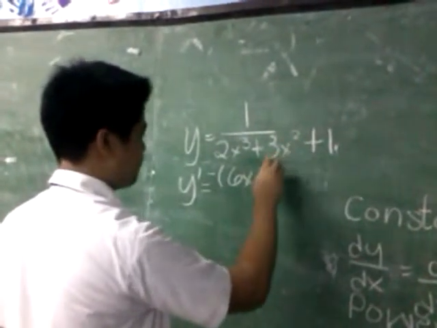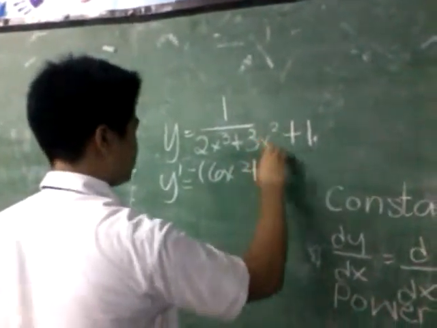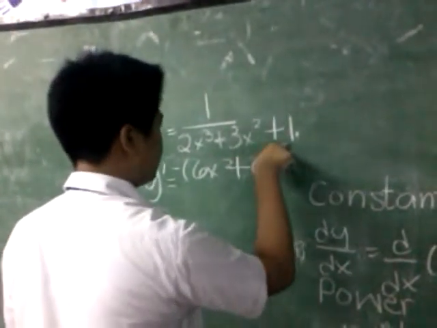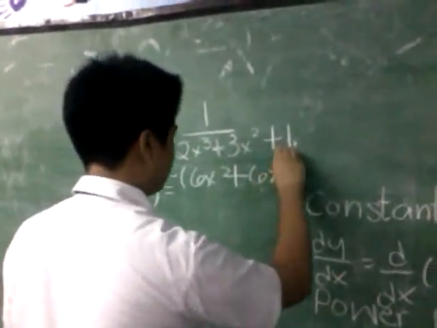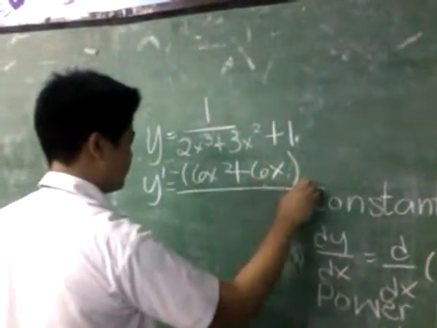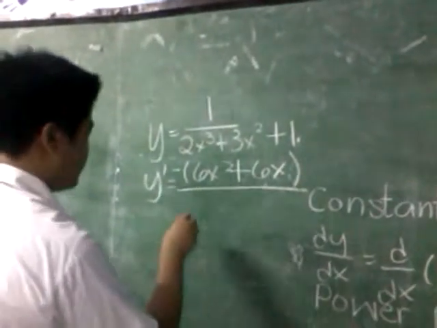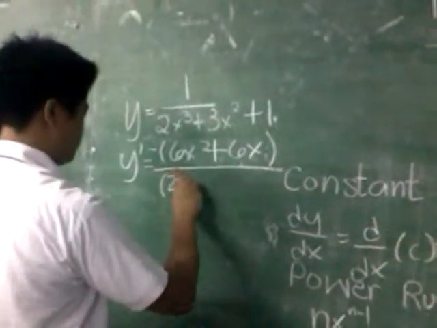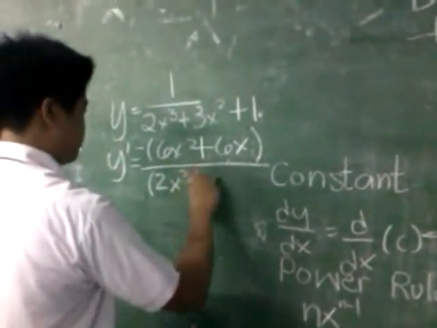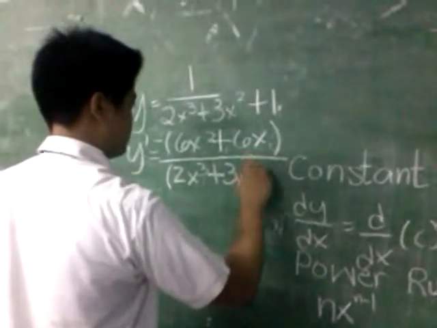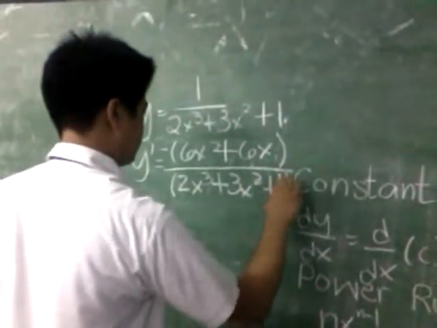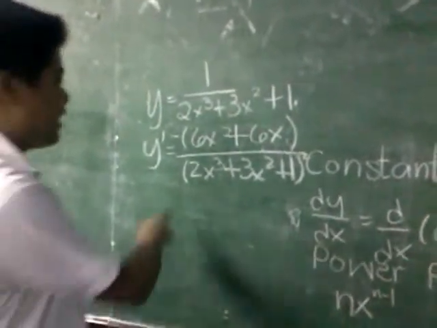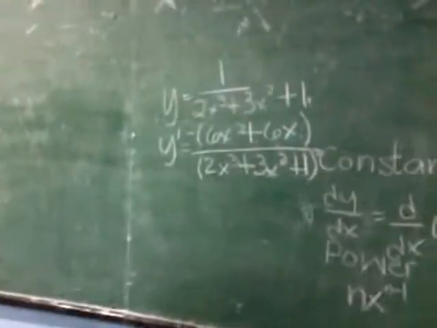Then here you do the same, plus 6x. Then you cancel the 1 because it's a constant. Then on the denominator side, you just copy it and put square. Then that's the derivative of the function.